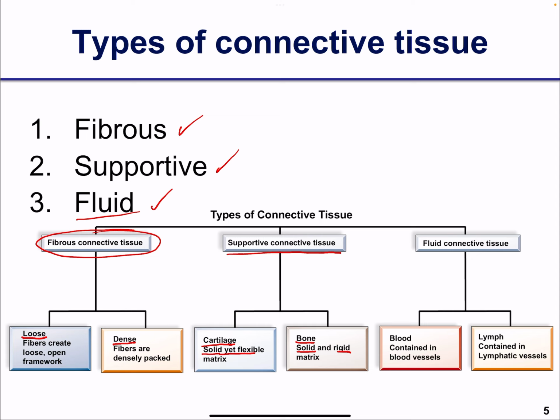And then we have the fluid connective tissues. Among the fluid connective tissue, we're going to have two kinds. We're going to have the blood that is made up of two parts. You have the formed element, right, which are all the cellular components, and the non-cellular components are the proteins that are in the blood.